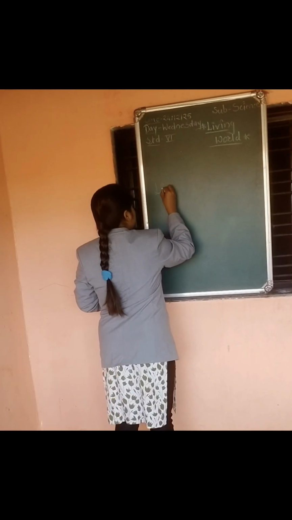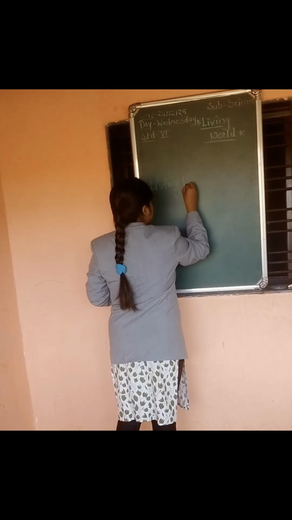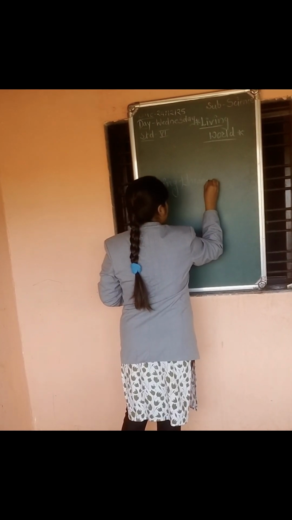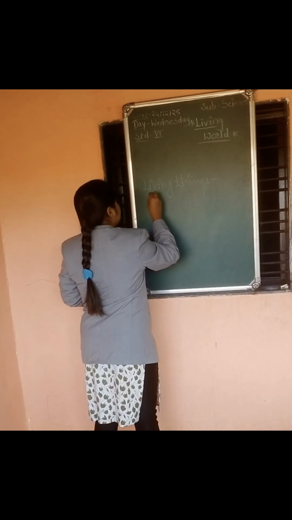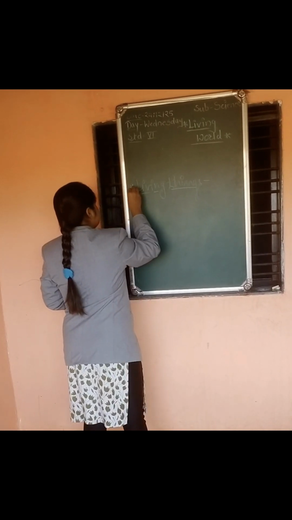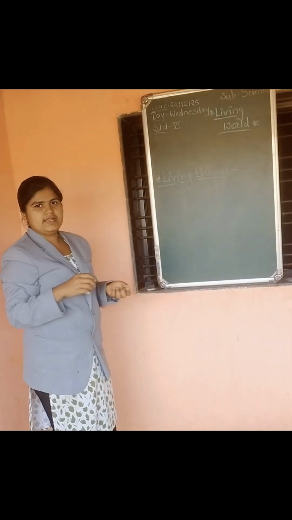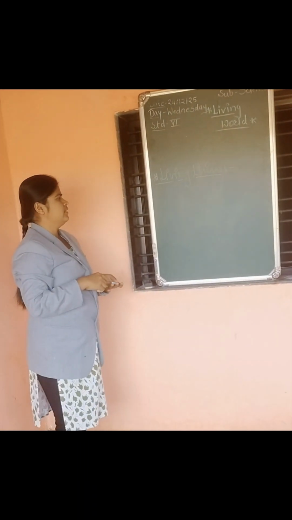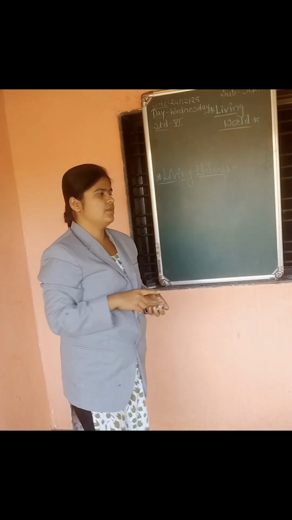So let's define what a living thing is. Living things are the substances or organisms which have these characteristics, which we studied in this lecture: growth, reproduction, respiration, excretion.